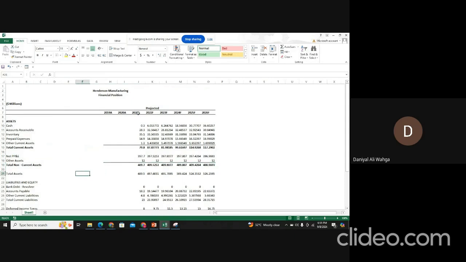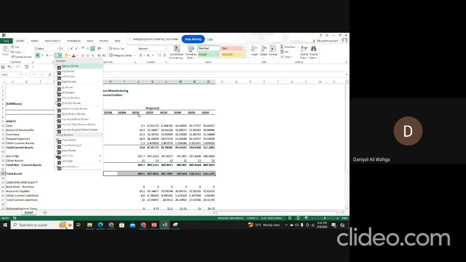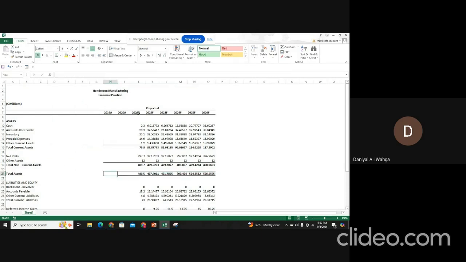Control B, my total assets, Control B, Alt H B. This time I'll be adding a top and bottom thick border.